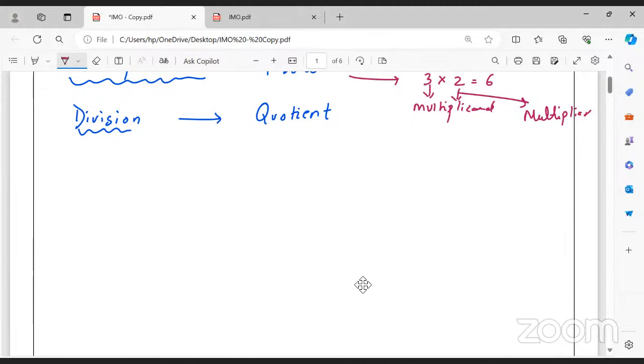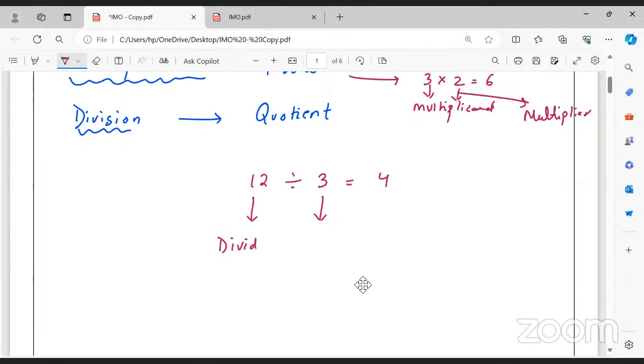Now, division, the number that gets divided. If I say 12 divided by 3 equals 4. What is 12? What is 3? Is it a divisor or a dividend? Yes, very good, Priyanka.